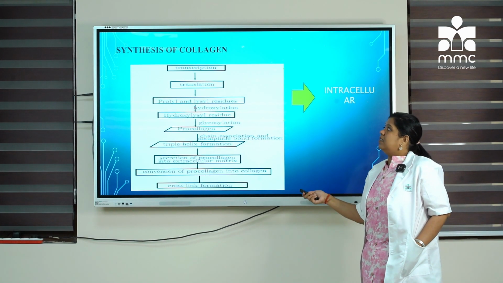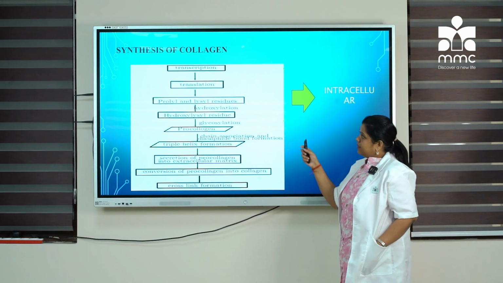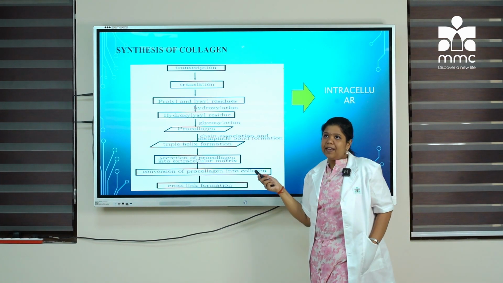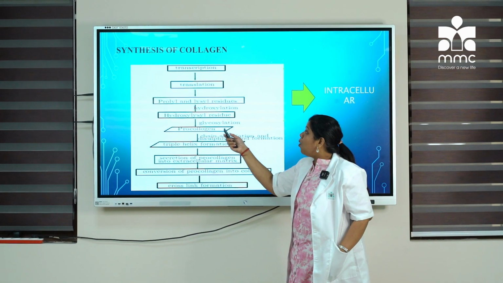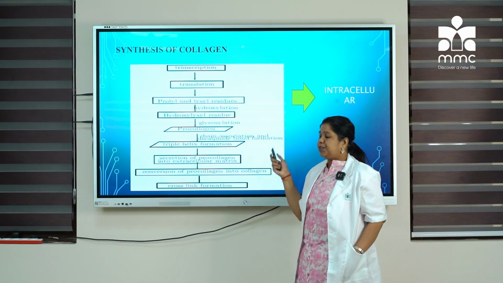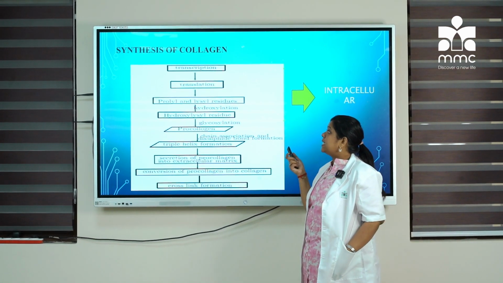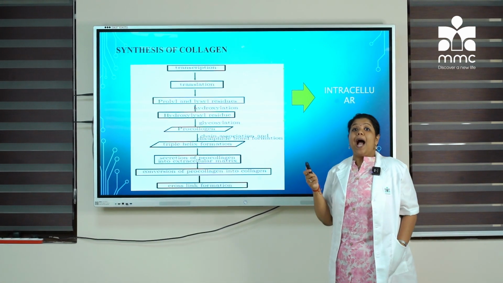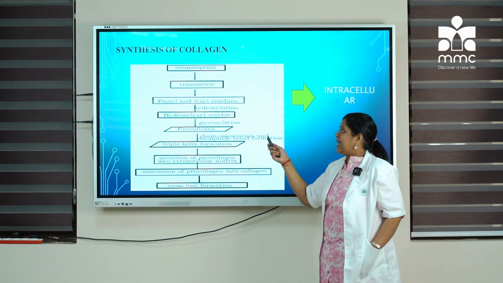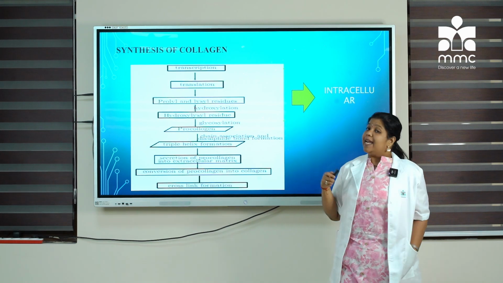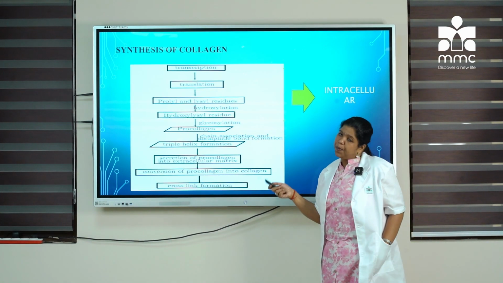These are the steps in the synthesis of collagen. First is transcription, then translation, then prolyl and lysyl residues are formed. These prolyl and lysyl residues undergo hydroxylation, then it forms hydroxylysyl residue. Then it undergoes glycosylation to form procollagen.